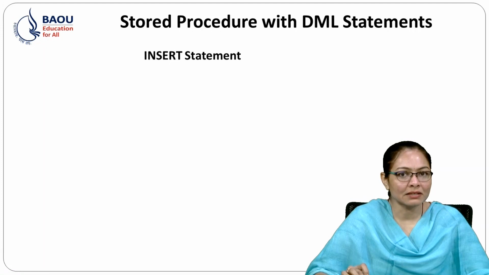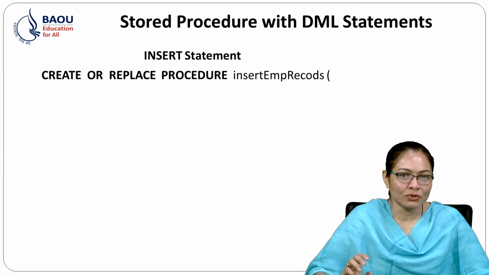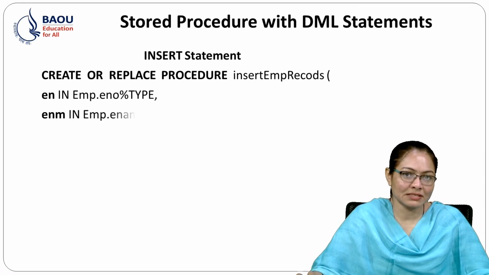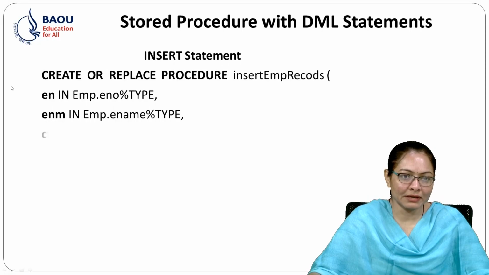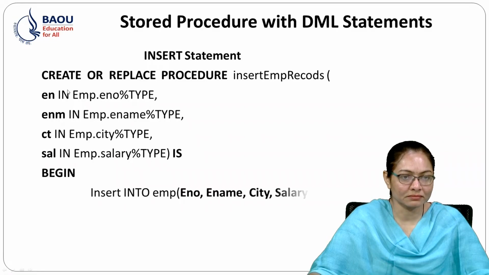See the example of how to insert the record using a stored procedure. Here there are 4 variables: employee number, employee name, city and salary. These parameters are defined in IN mode.